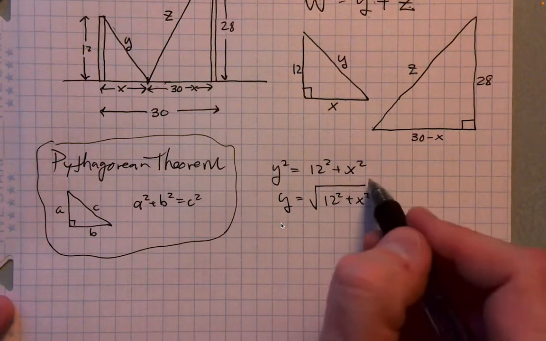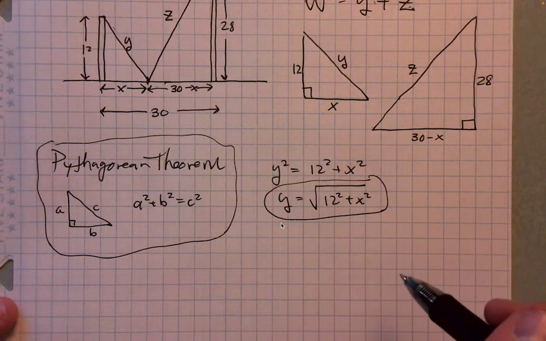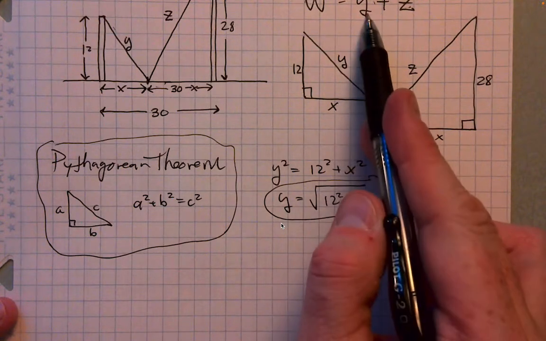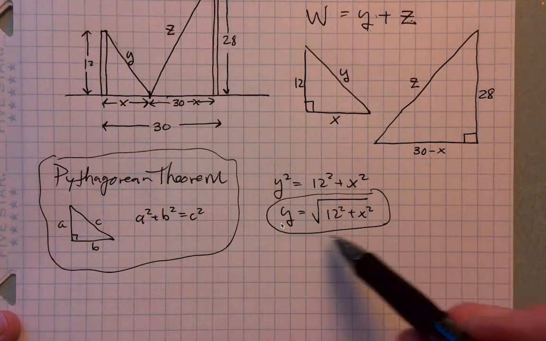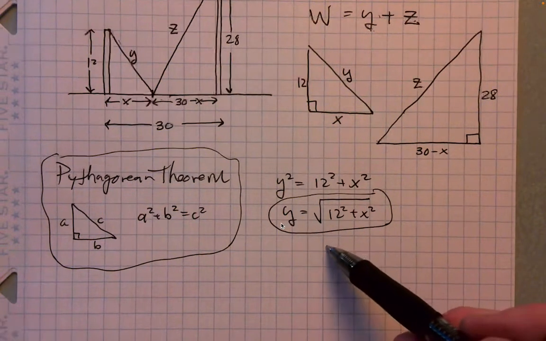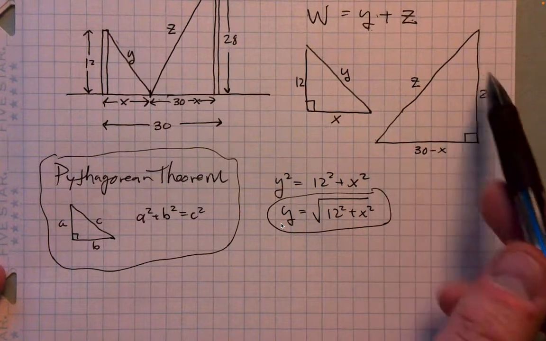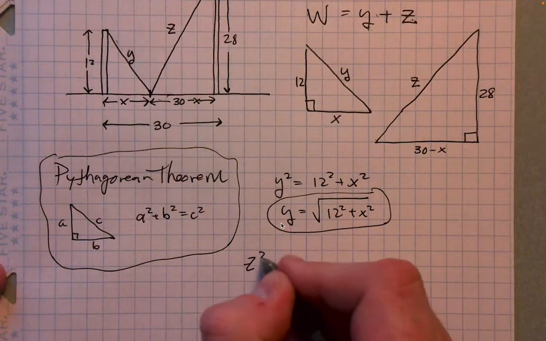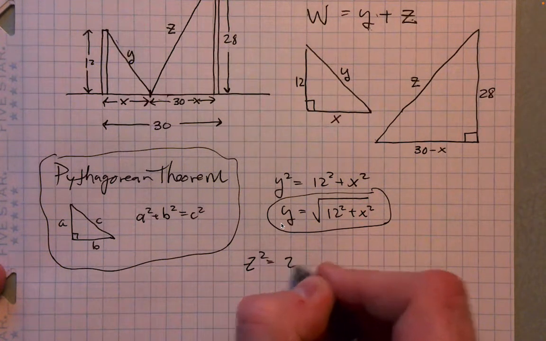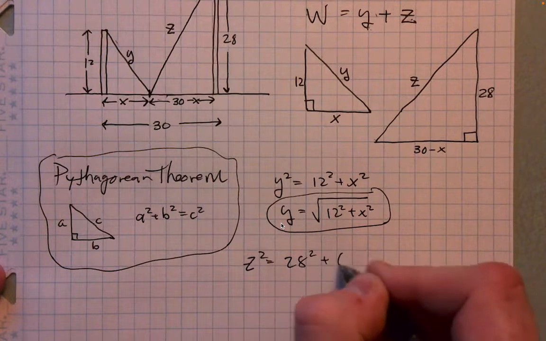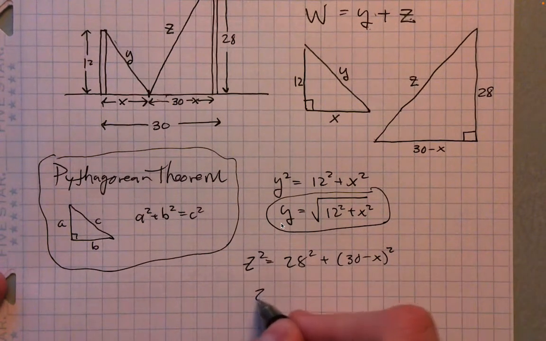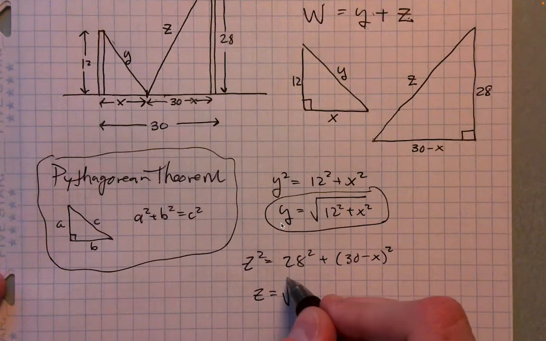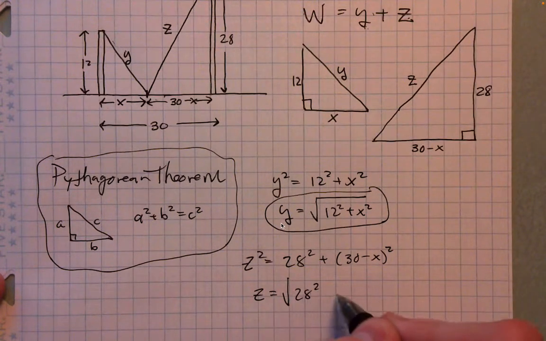Okay, so we've got that piece. Now we'll be able to take that, plug it in here, and that piece at least will contain x only. We can do the same thing for this one: z squared equals 28 squared plus (30 minus x) squared, and so z equals the square root of all that.